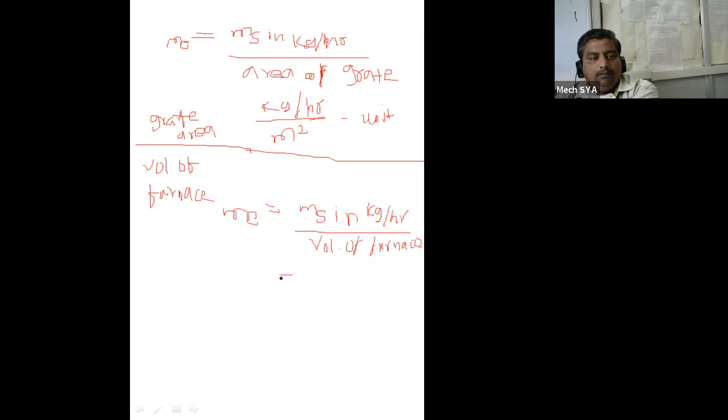And it will be kg per hour divided by meter cube.